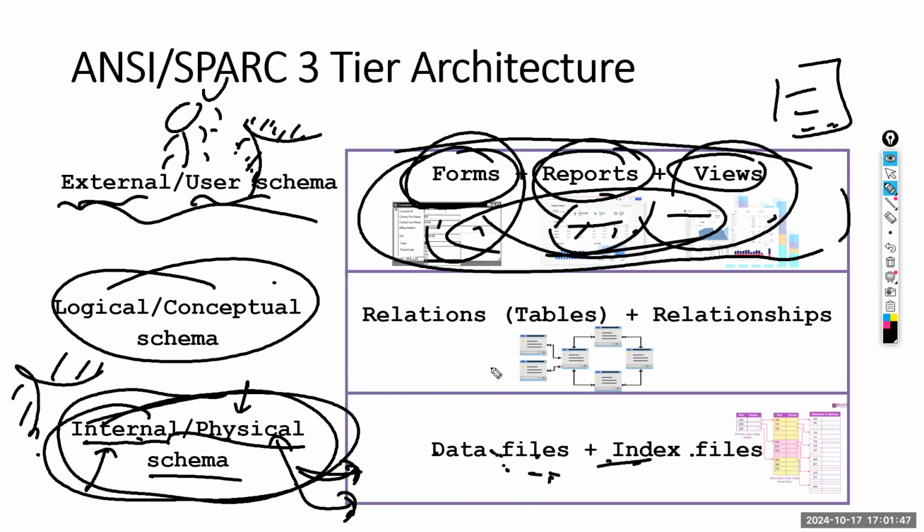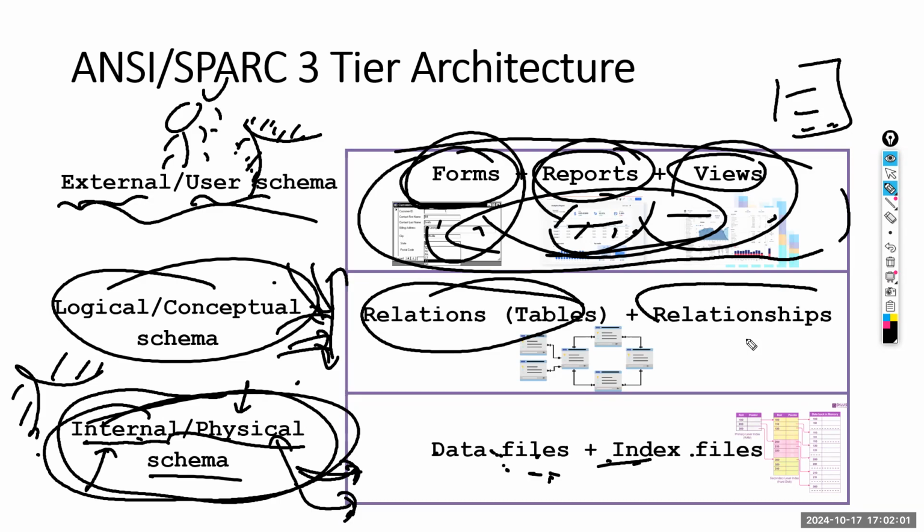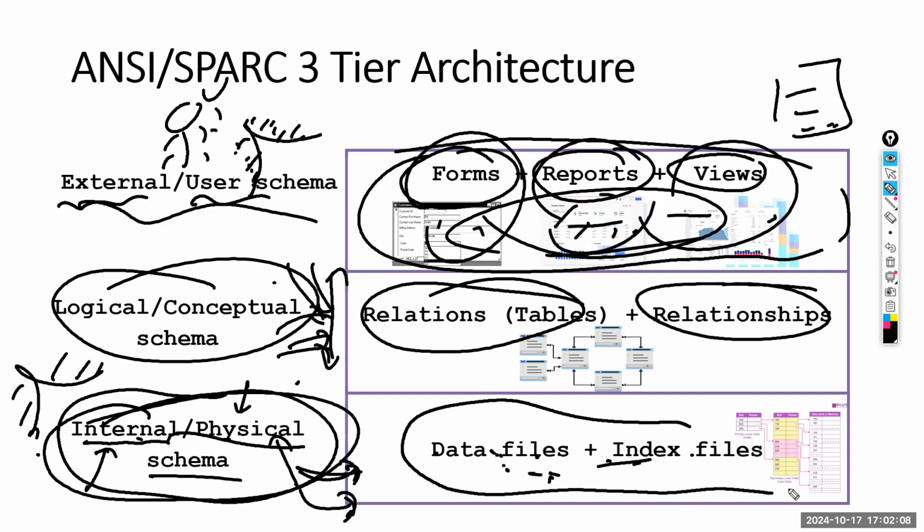And the layer that we are more interested in is the middle layer. So this is the software developer's view. When we develop software, as IT professionals, we look at the database as a set of tables or relations, relationships, and so on. That is why I told you that if you look at these things, that is a file-based system.